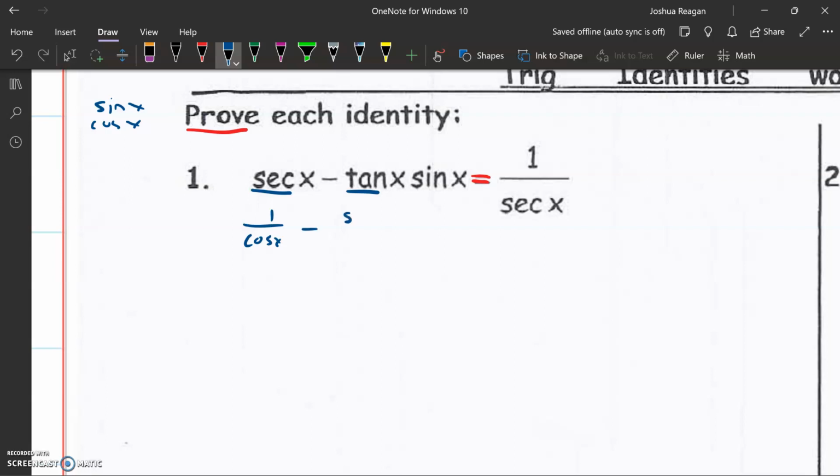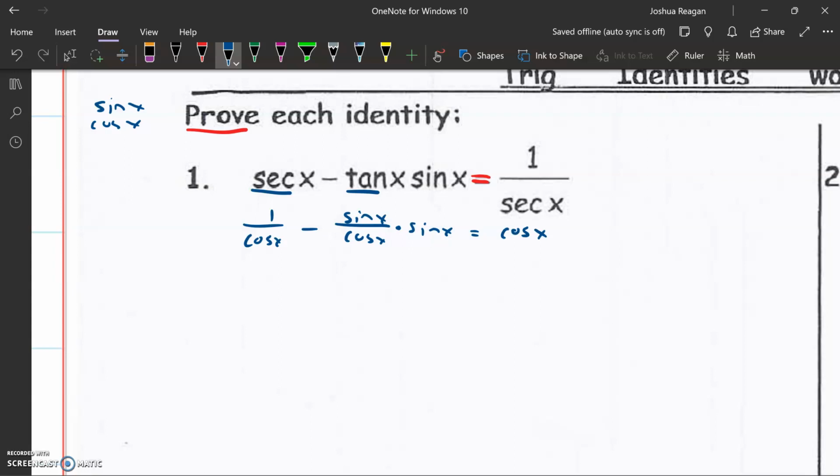Minus, recall, tangent of x is sine of x over cosine of x, and that's being multiplied by sine of x, equals 1 over secant of x. Using your handout, we see that that is equivalent to cosine of x.